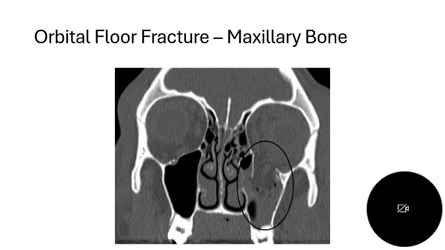But on the right side, that space is filled with gray matter, which is blood, tissue, and the eye is a little bit inferiorly displaced because there's nothing supporting it on the bottom. So this is a maxillary bone fracture. We also call it a blowout fracture.